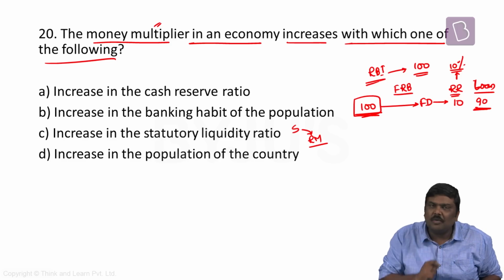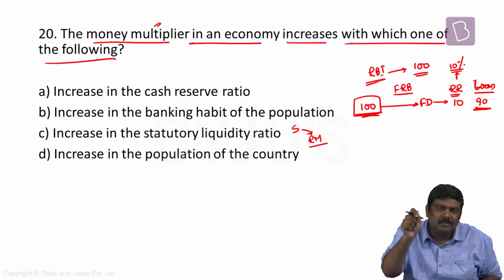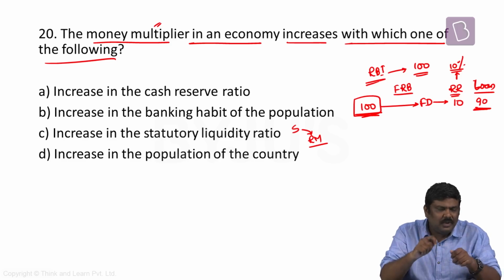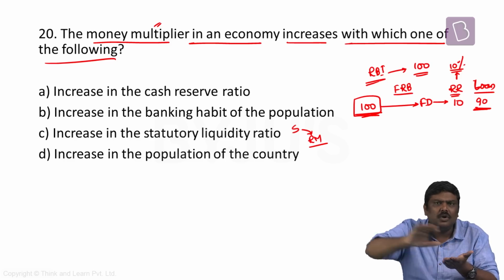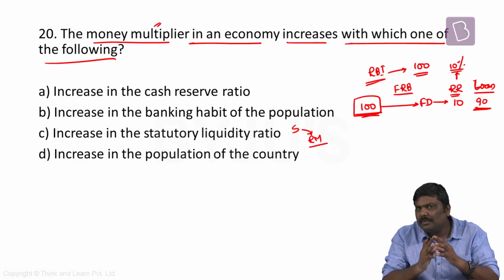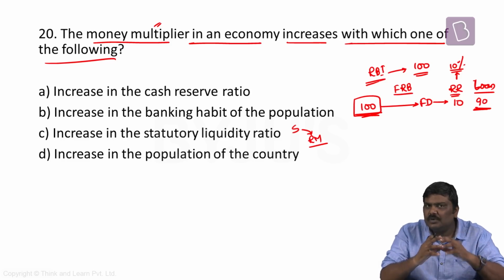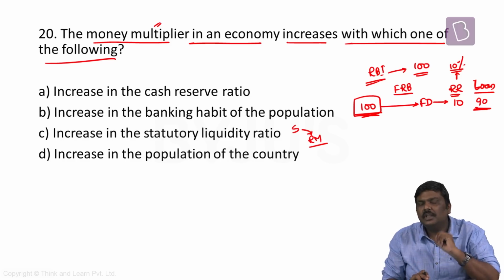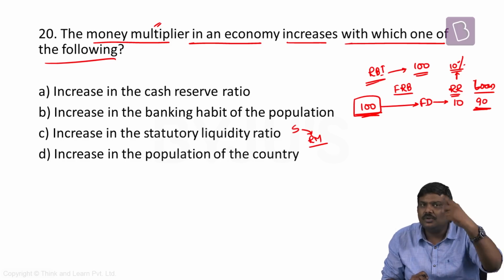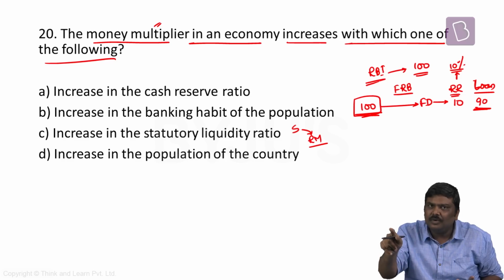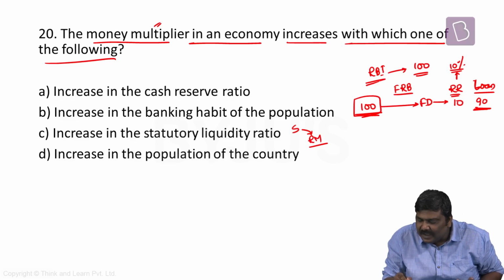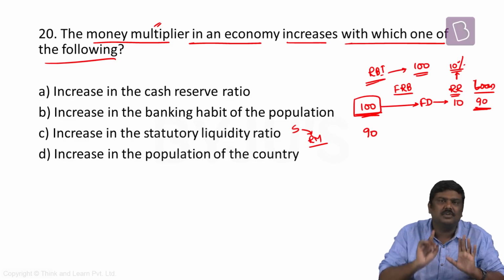Once you purchase the raw materials, what will you do? You will make the payment. And let's say hypothetically, you transfer the amount from one account to another account of a bank. So what happens here? This 90 rupees, which were given to you in the form of a loan, you have paid to the raw material supplier. And since you have transferred from one account to another account, basically this 90 rupees again enters the banking system only.